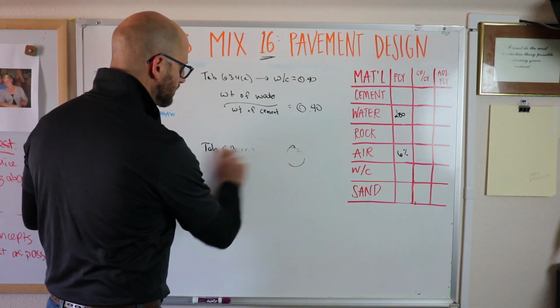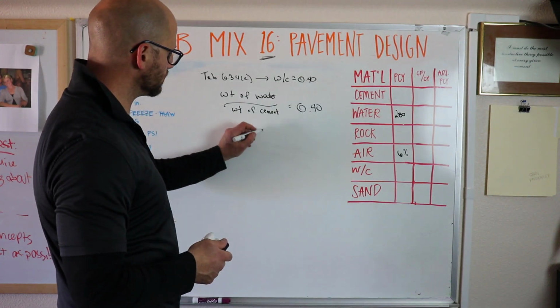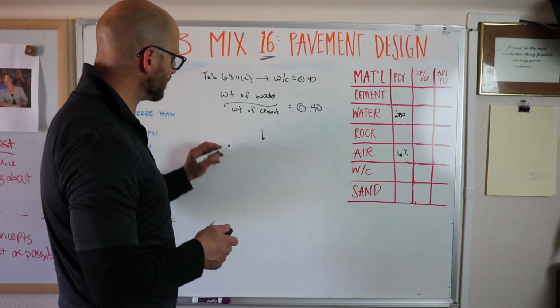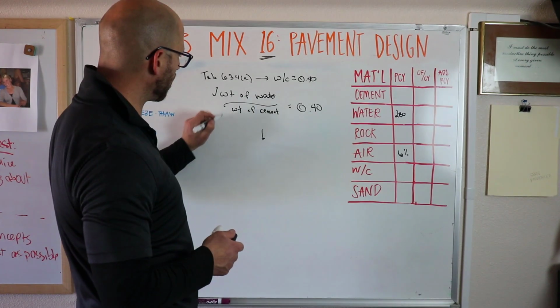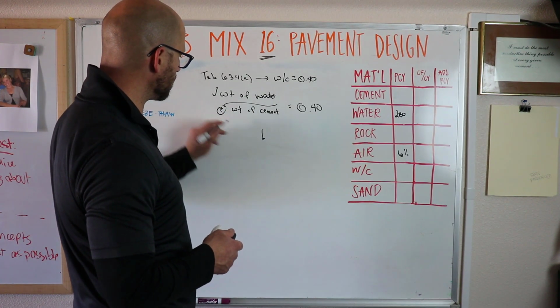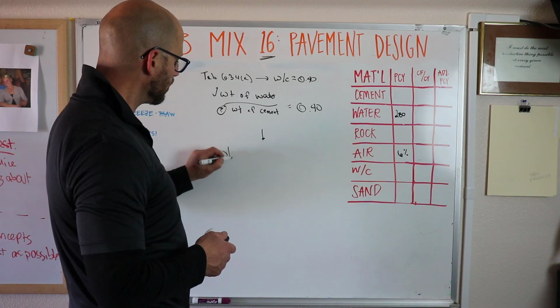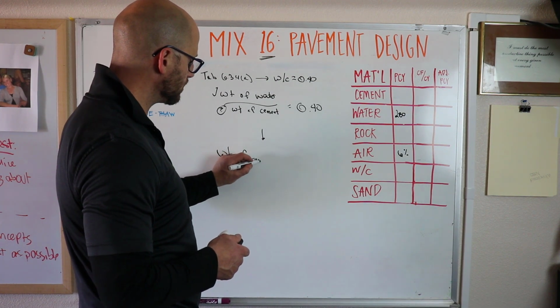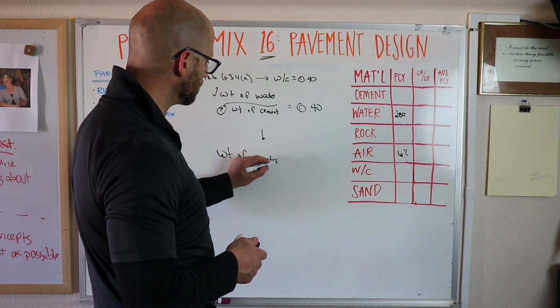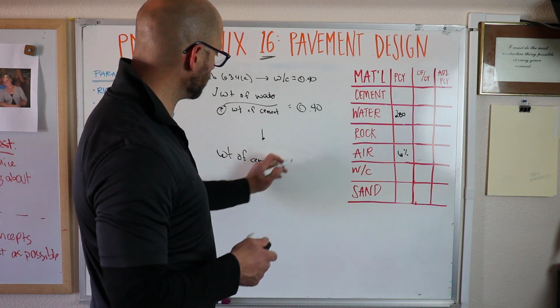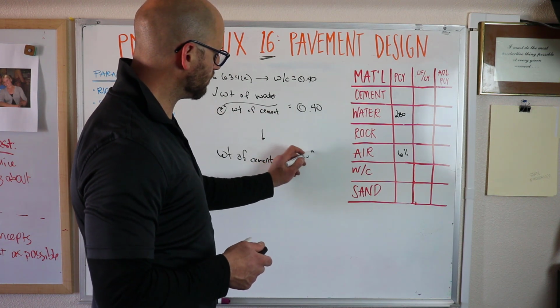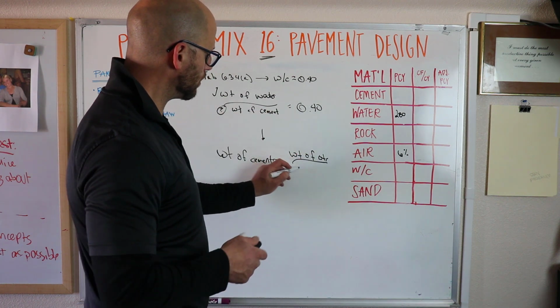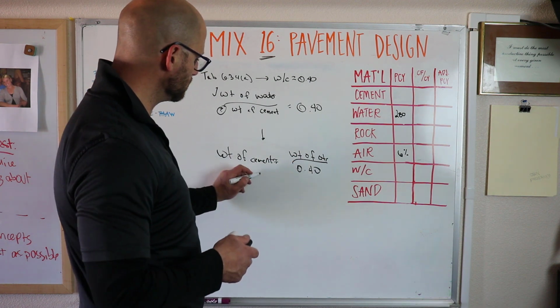All right, so let's get into the math. We're going to use a little reorganization here. We know our weight of water. This is our unknown, so let's solve for our unknown. Our weight of cement equals, so this comes over, our weight of water over 0.40.